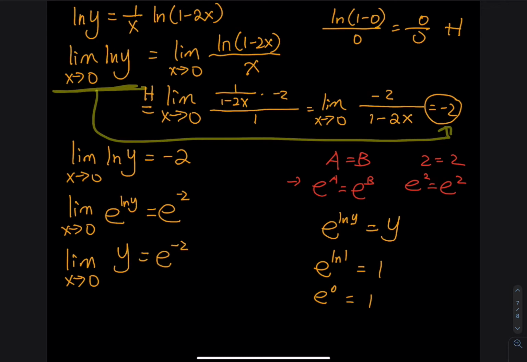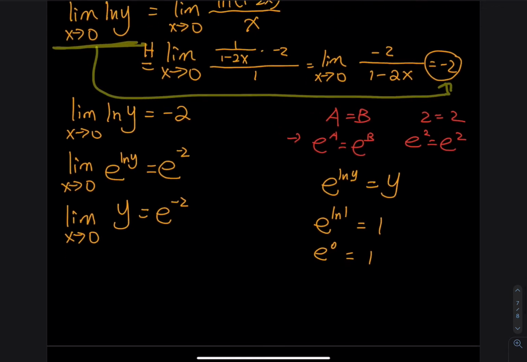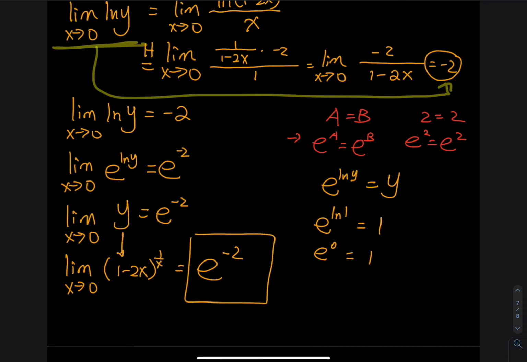And then what is y? Y is the function, right? So y is the given function, (1 minus 2x) raised to 1 divided by x, and that is equal to e to the negative 2. And this is my answer. So that is number 10.